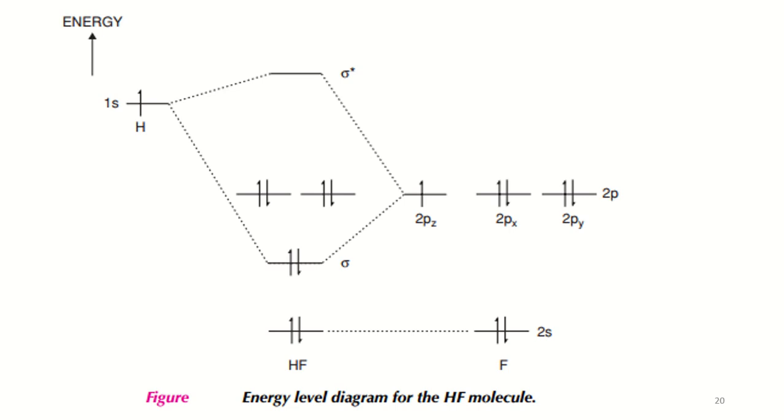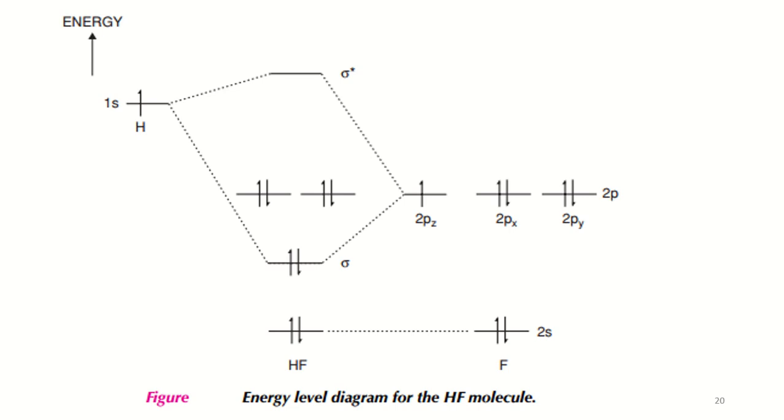The sigma bonding orbital formed by overlap of the H 1s and fluorine 2pz orbitals is of lower energy than the contributing atomic orbitals, but it is closer in energy to that of the fluorine 2pz orbital. We can see this quite clearly in this picture. We may say that this sigma orbital retains strong p characteristics of fluorine.